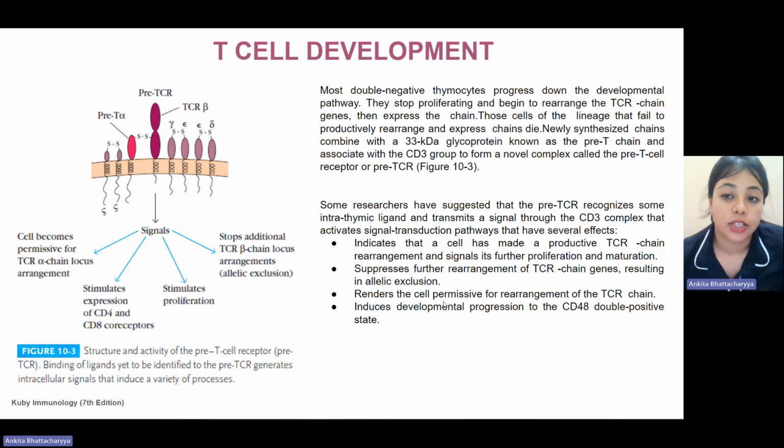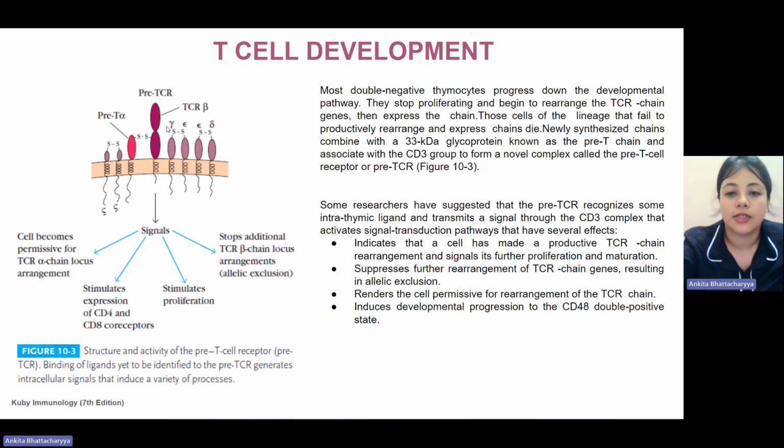Some researchers have suggested that the pre-TCR actually recognizes some intrathymic ligand and then is able to transmit a signal through the CD3 complex that activates signal transduction pathways that may have several downstream effects.